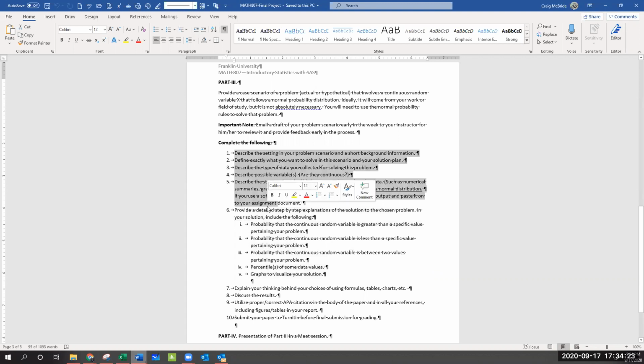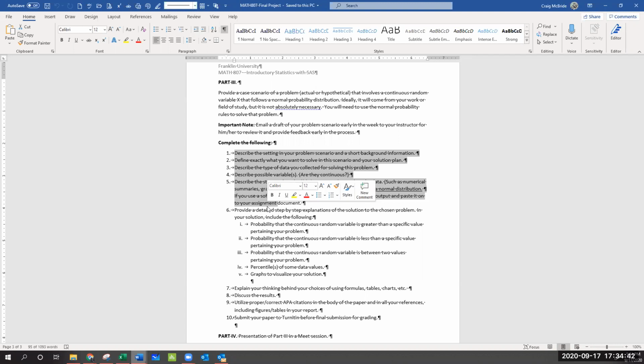Don't just make up some arbitrary scenario, some arbitrary research question with some arbitrary variables that means nothing to you. Try and make it actually matter and match your dissertation. So it'll get you thinking about how you can attack your dissertation.